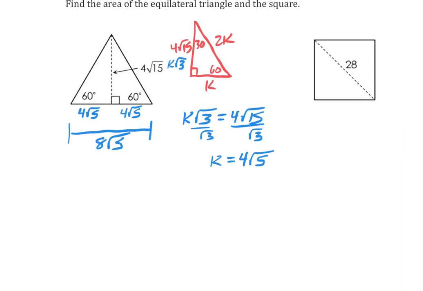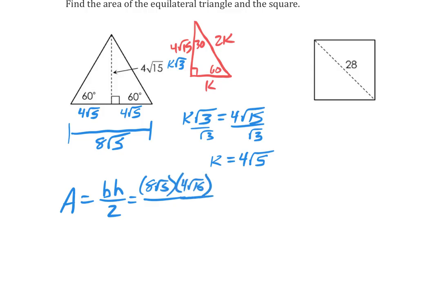The other day we talked about the area of a triangle, and we said the area of a triangle is base times height divided by 2. We just found the base, which is the bottom side. We already knew the height, divided by 2.